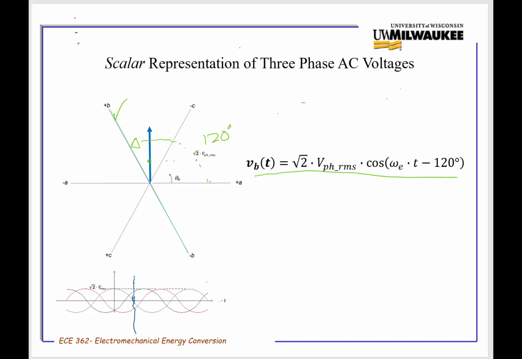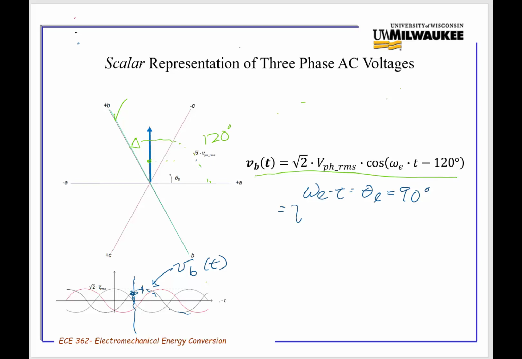We know that the VA would be equal to 0, and we can tell that the VB, which is this waveform right here, is almost at its peak at that point at 90 degrees. If we look at this mathematically, what we're saying is that we're at an angular position of omega e t equals theta e equals 90 degrees.